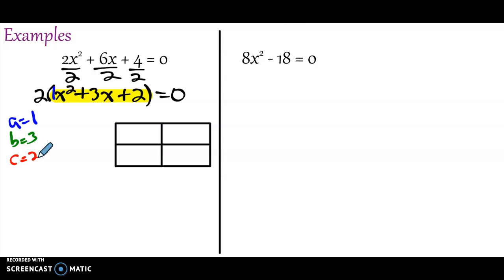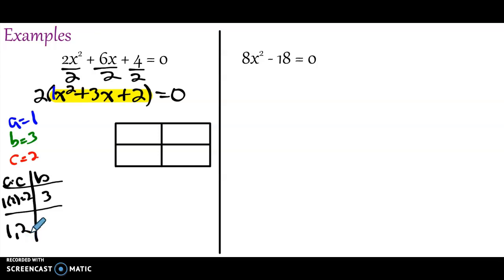Okay, so then if I make my t-chart, I multiply A times C, whose sum is B. So I have 1 times 2 equals 2, and then B is 3. My only factors of 2 are 1 and 2, because 1 plus 2 is 3.